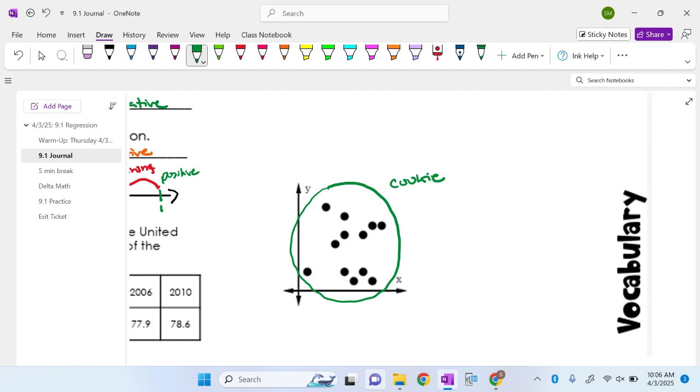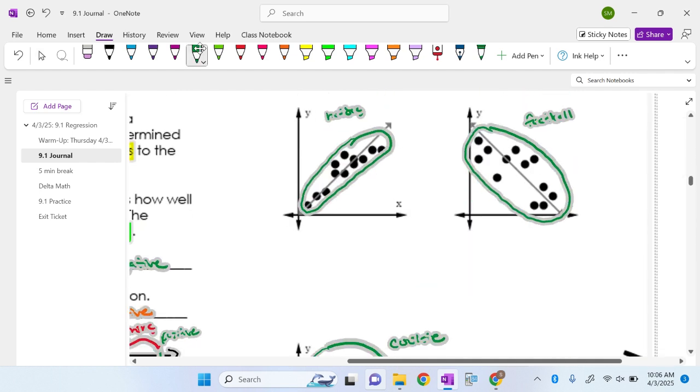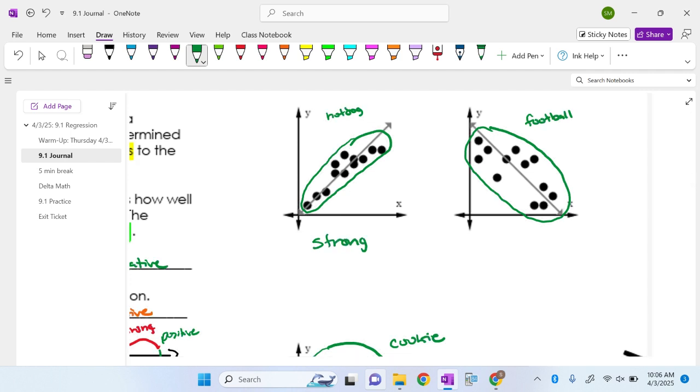Now, here's how they relate. If you have a hot dog, you have a strong correlation. That means that your scatter plot points are very, very close to your regression line. They're very close together. If you have a football, it'd be a weak correlation, because that means they're further away from the regression line.